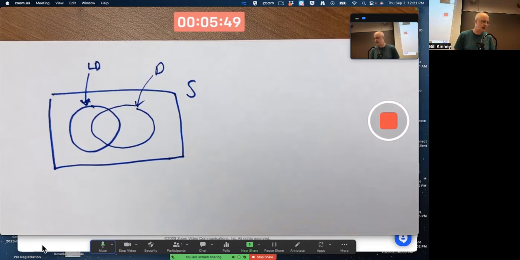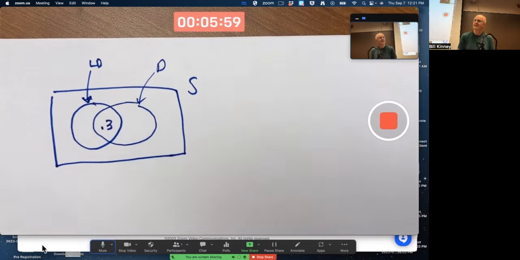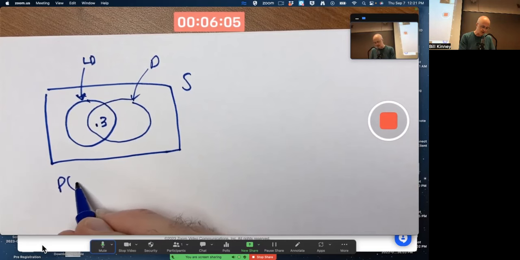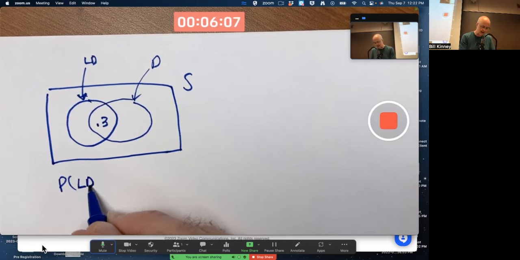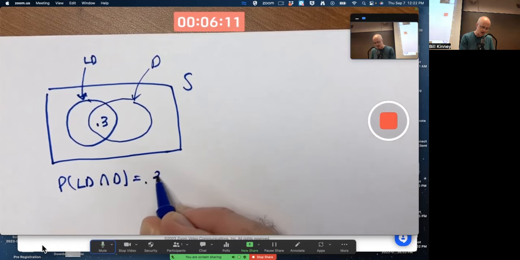The first bit of information was that 30% are exposed and die. And intersection, that's what goes in there. Symbolically, the probability that a randomly chosen worker was exposed to the high level of radiation and dies is 0.3.